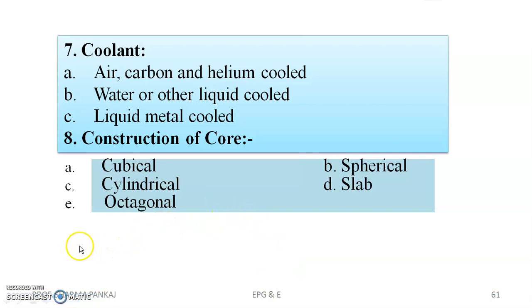So we have seen the construction types of core: cubical, spherical, cylindrical, slab, octagonal.